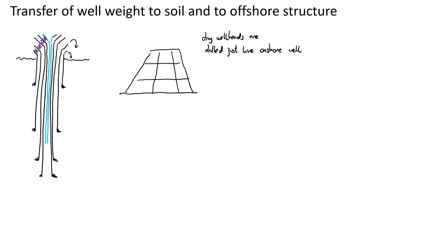Dry wells are just drilled just like onshore. The only thing is that in this case, simply the conductor is stretched.